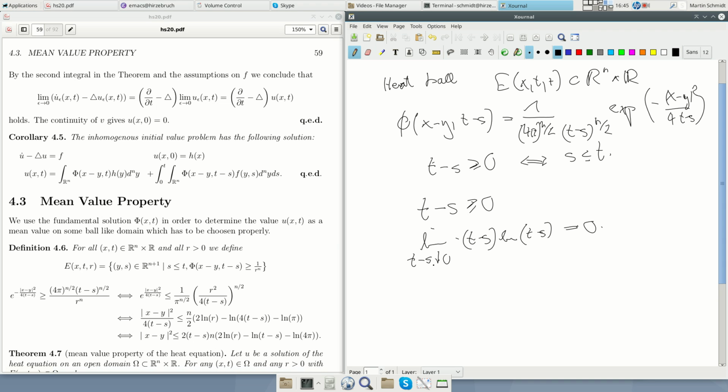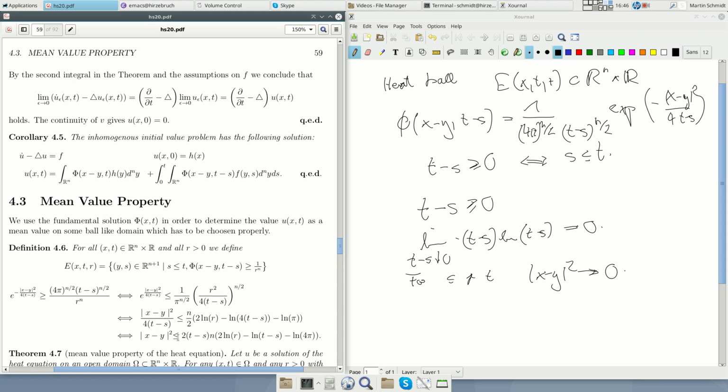So this means for s going from below to t, where t minus s is small, we have that x minus y also goes to 0.